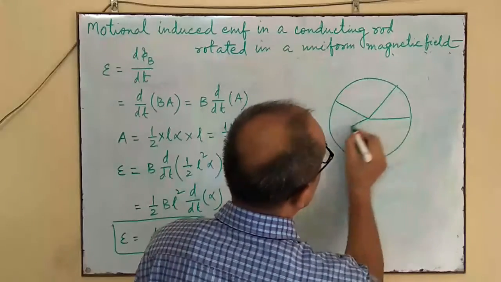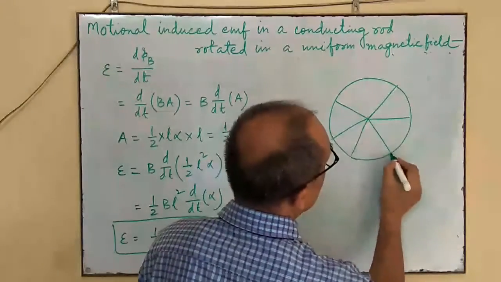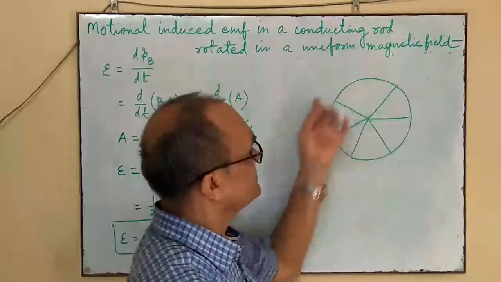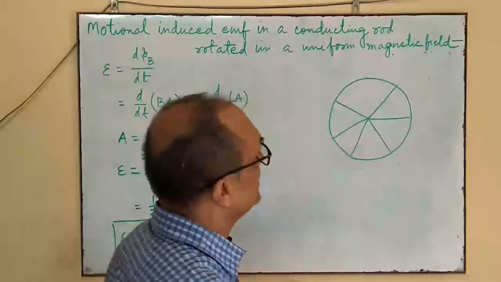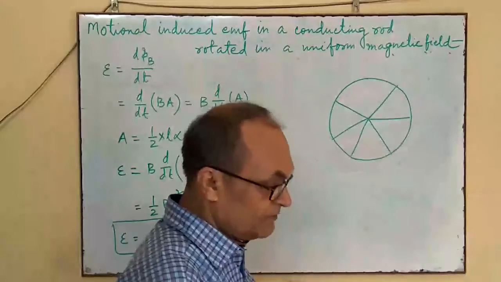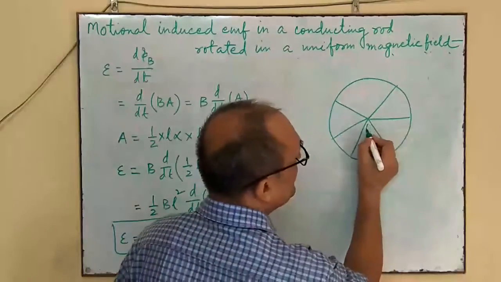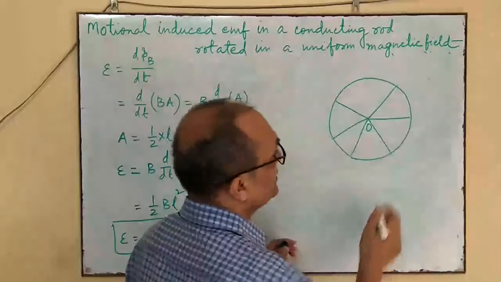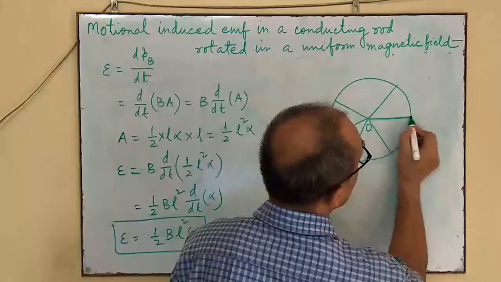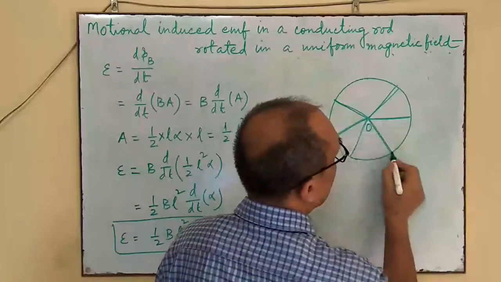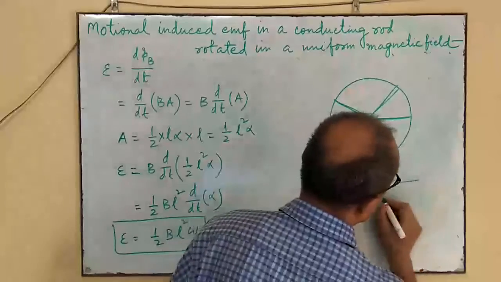Spokes are connected to the rim, and the rim is also metallic. In the question it is asked, what will be the EMF between the axle O and this rim. All the spokes are in parallel like this.